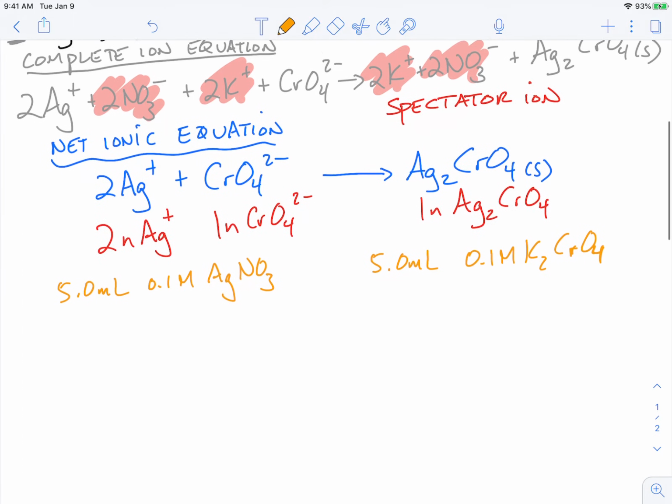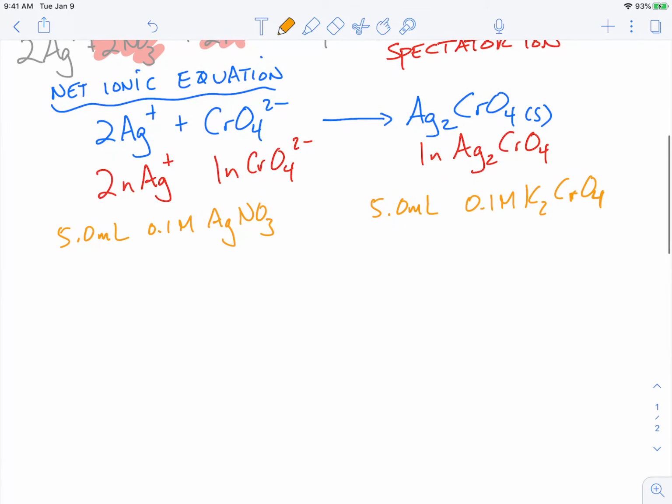Now, after working with molarity for a while, you're probably going to naturally hone in on the fact that you've got a volume and you've got a molarity, so you can calculate how many moles you have. When you rearrange your molarity equation for moles, you take molarity times your volume in liters. So plugging this in, your molarity is 0.1 molar, and your 5 milliliters is 0.005 liters.